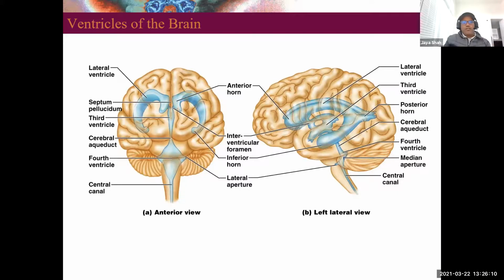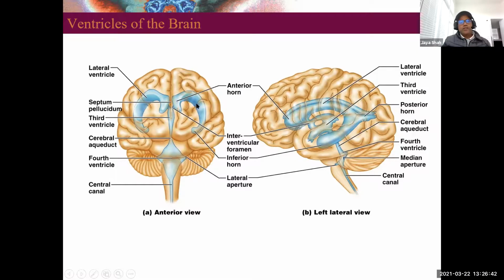Okay. So this is the left lateral ventricle, right lateral ventricle. It has an inferior horn. It has an anterior horn here. The surfaces of these ventricles are lined with a mass of capillaries called choroid plexus.